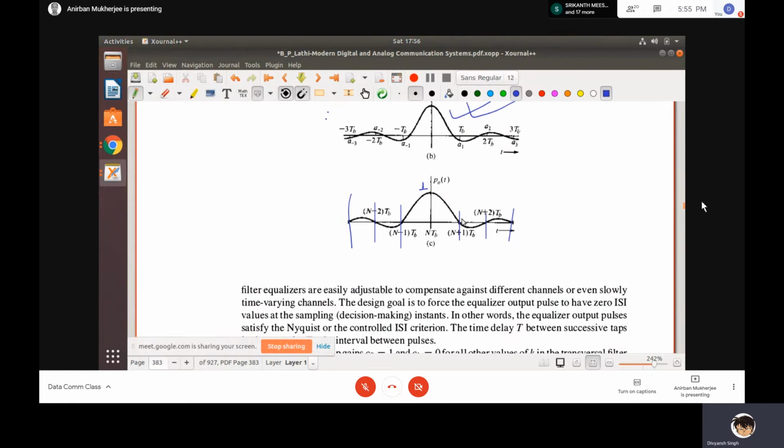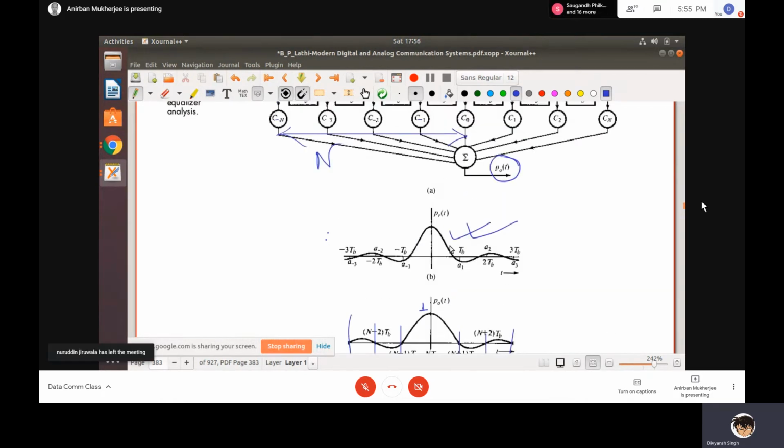So that means at the sampling point there should not be anything, because say when I am transmitting the pulses at the transmitter side, if I don't do the equalization, then what will happen? Say I am transmitting 1 1 0. Then what will happen?